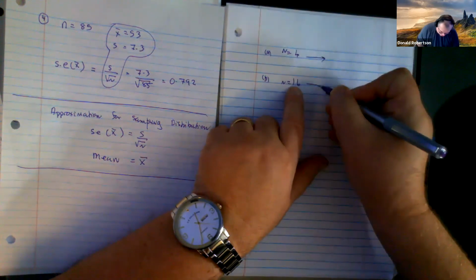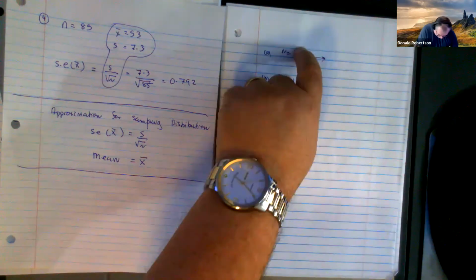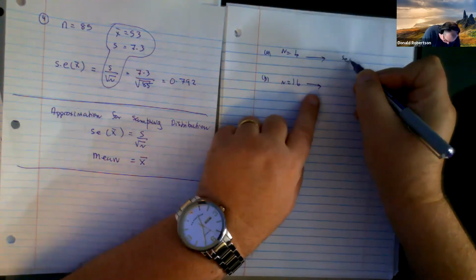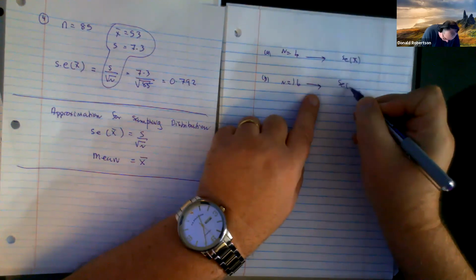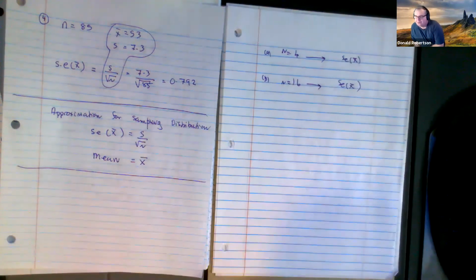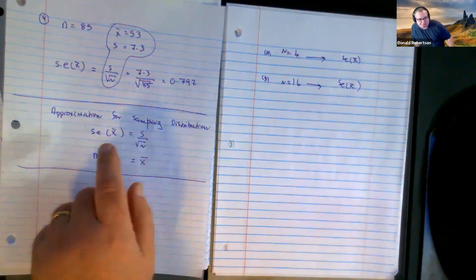We can talk about the answer to this. I don't even care about the numbers, but which one of these two do you think is going to have the biggest sampling error, the 4 or the 16? What's going to have the biggest standard error? The 4.